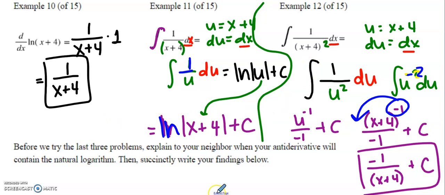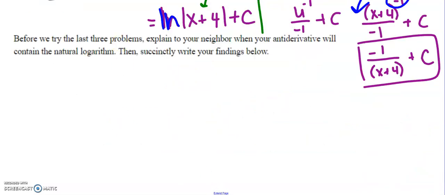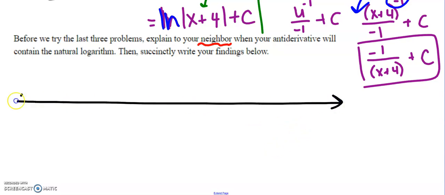So before we do the last 3 problems, we're going to do those together in class. Explain to your neighbor, or think for yourself if you're not talking to somebody right now, when will your antiderivative have the natural logarithm? My hint to you is remembering this whole number line of infinite numbers, 0, 1, 2, 3, 4, negative 1, 2, 3, 4.